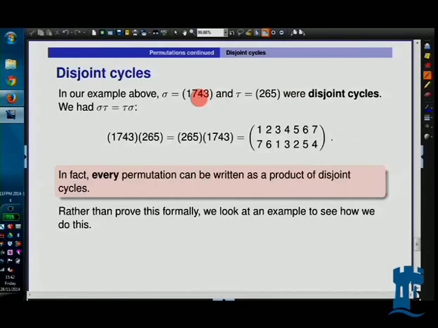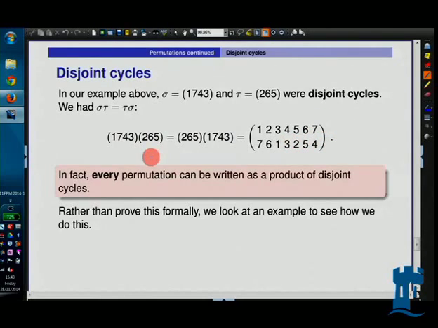We can see that the things moved by sigma are 1, 7, 4, and 3, and the things moved by tau are 2, 6, and 5, nothing in common, so they're disjoint. And that gave you sigma tau equals tau sigma. So if you multiply these cycles either way round, you get the same answer, and you get the permutation we worked out before, and that's sigma tau.